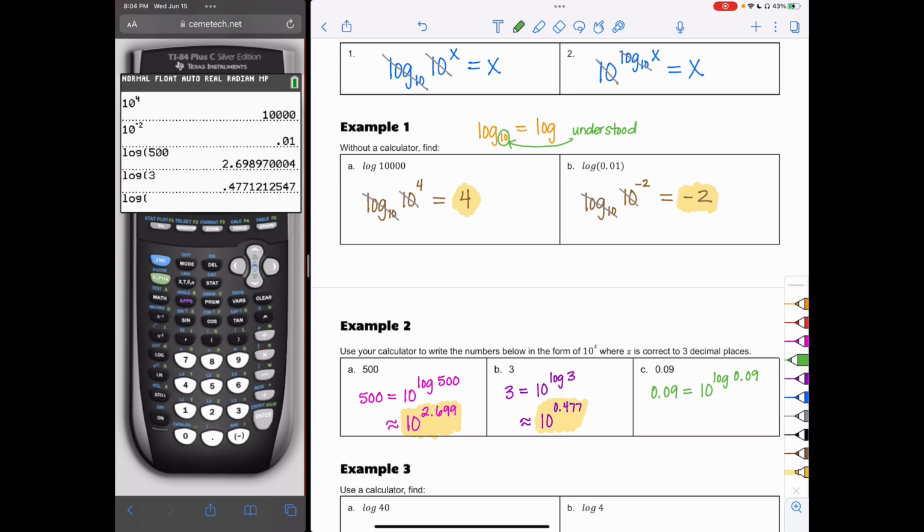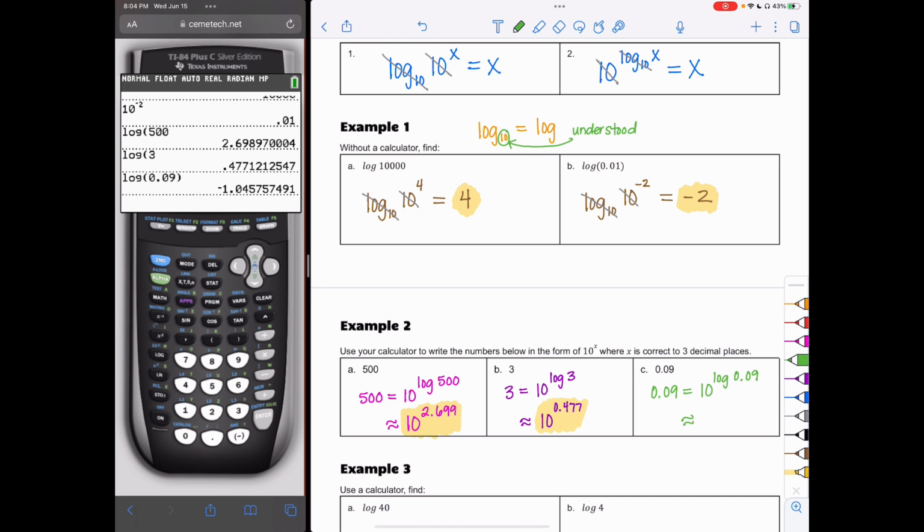Then I can just type in log of 0.09, and I end up getting negative 1.046, 3 places after the decimal. So that's going to be 10 to the power of negative 1.045, or excuse me, 56, if I do 3 decimal places. So here, that is my answer for part C.